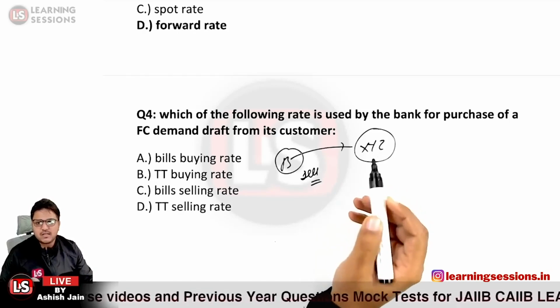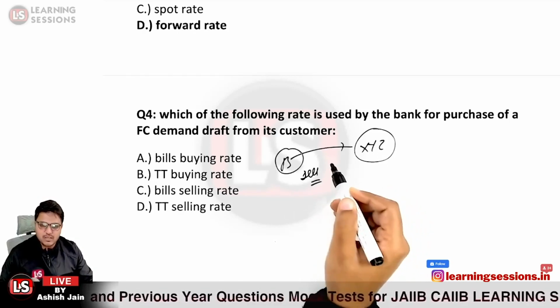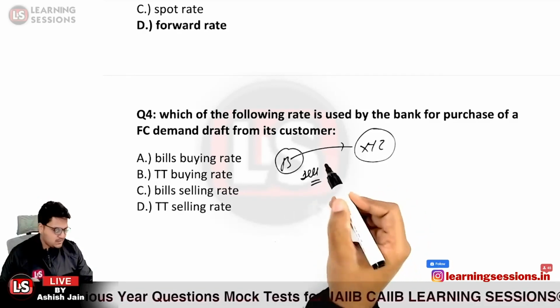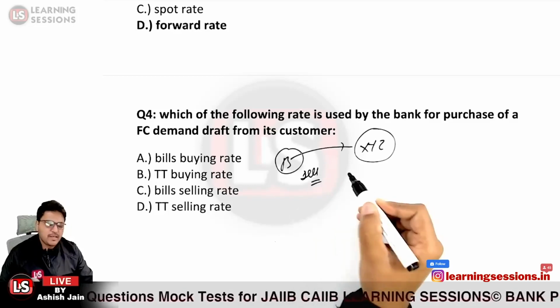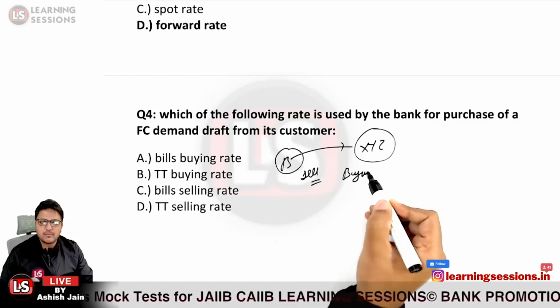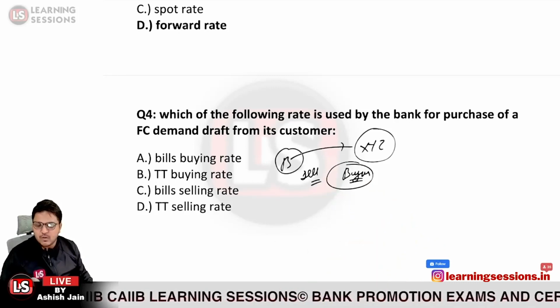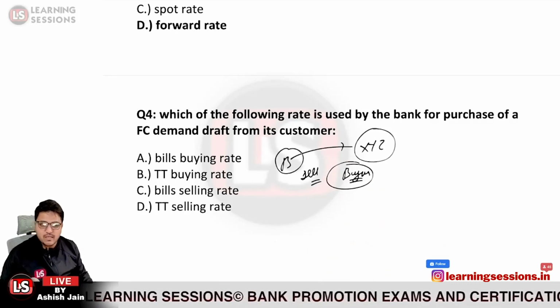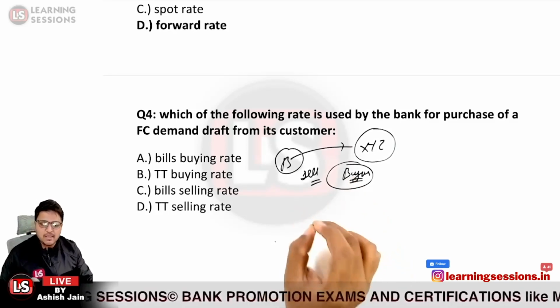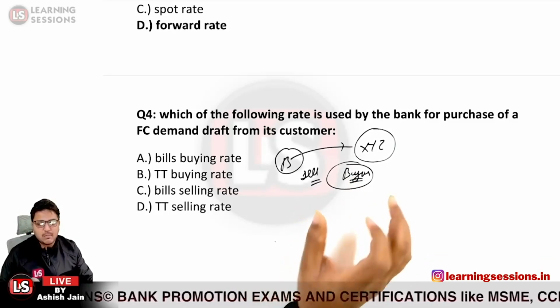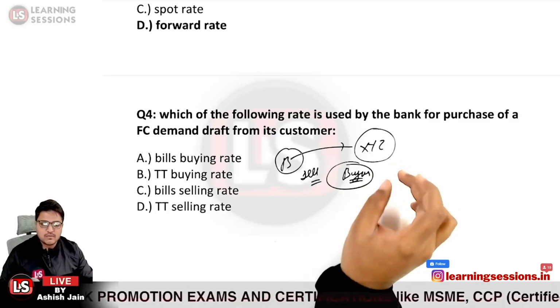You want to purchase a foreign currency demand draft from the customer. Now, what rate shall be quoted to the customer? It shall be the buying rate which will be quoted. Are you getting this particular point? And further, there is no difference in between, because at the same instance, the amount will be credited to the account in case of the demand draft itself.